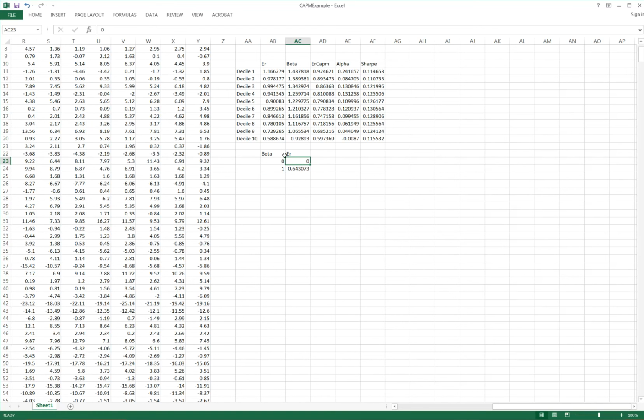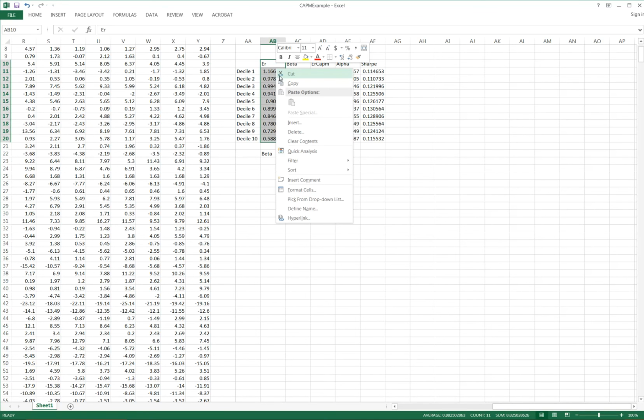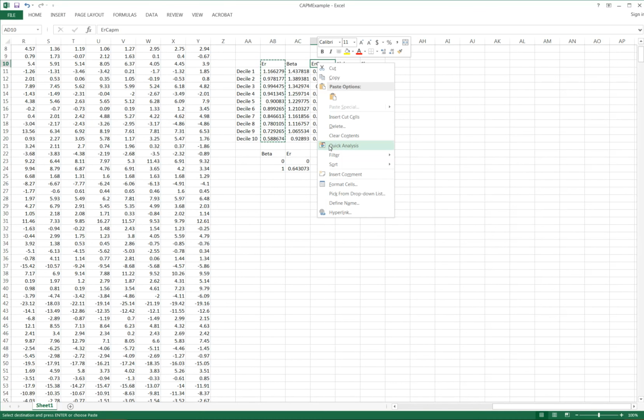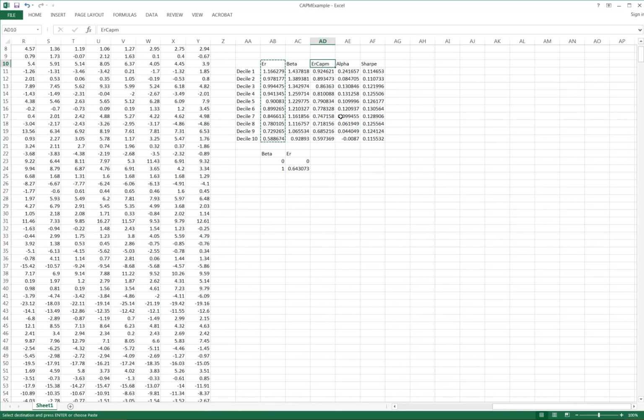Actually, what I'll do is I am going to first plot the betas and the expected returns of my portfolios of data. So because I want the betas to show up on the horizontal axis, I'm going to flip these two columns. So I'll put beta first and expected return second.